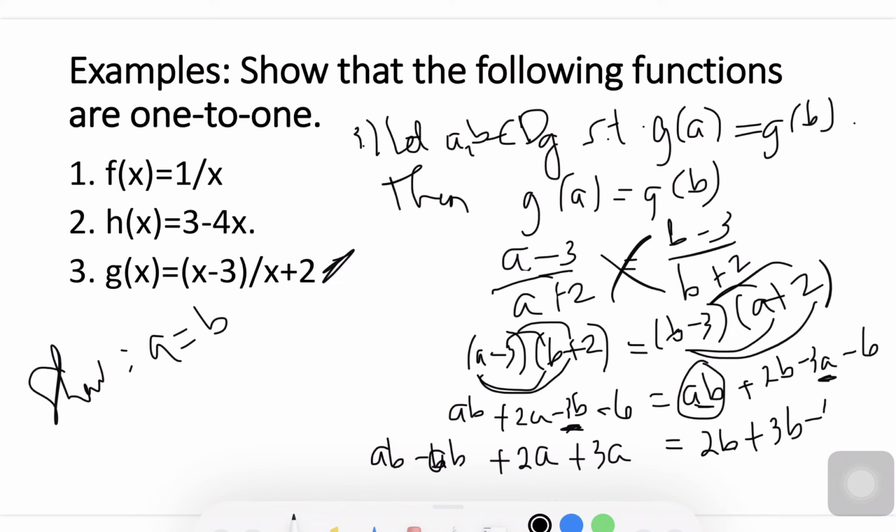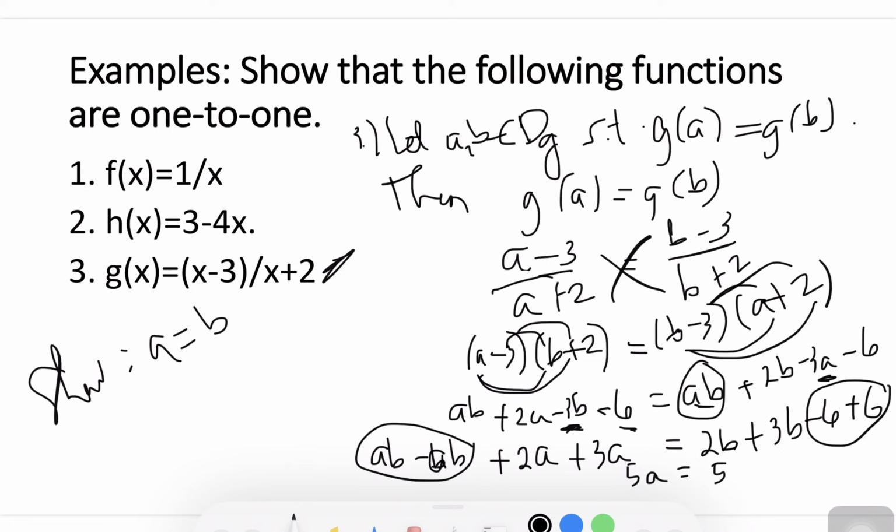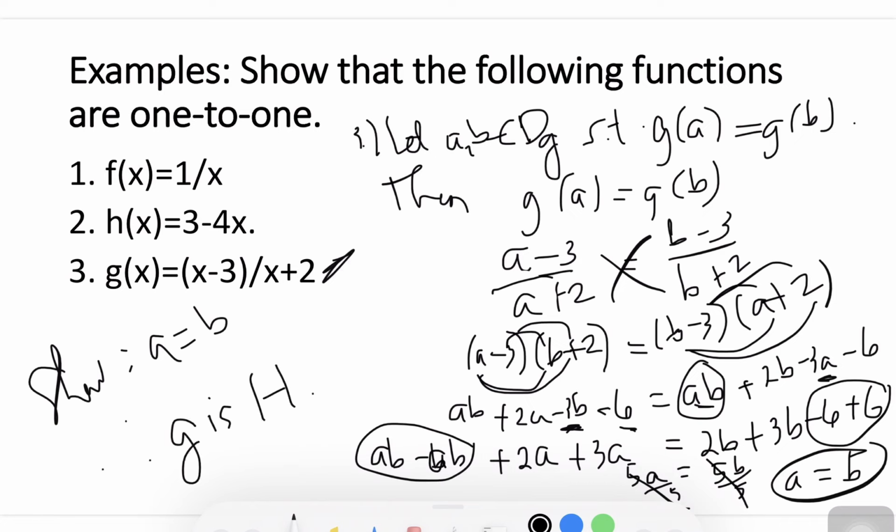Then there is also minus 6, then plus 6. Transpose this to the right, it will become positive 6. So this is 0. So we have 5a is equal to 5b. Divide by 5, a is equal to b. So therefore, g is one-to-one.